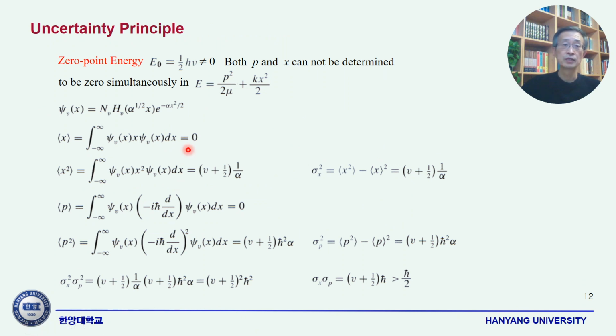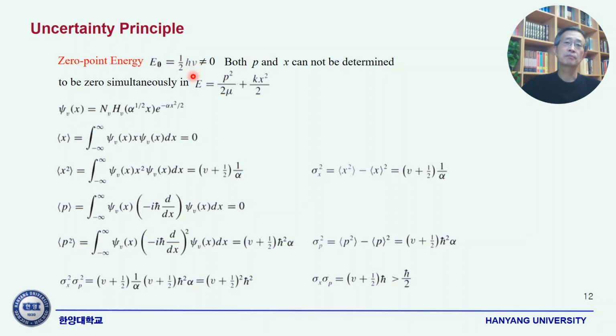But before that, we'll first examine if the solution for the quantum harmonic oscillator fulfills the uncertainty principle. Well, firstly, we note that the lowest energy is not zero. We call that zero point energy. E0 equals half of h-nu. Okay, that is not zero.